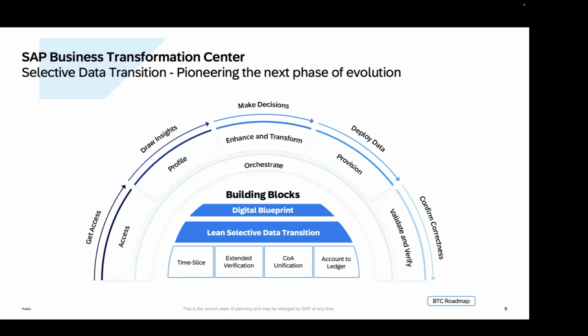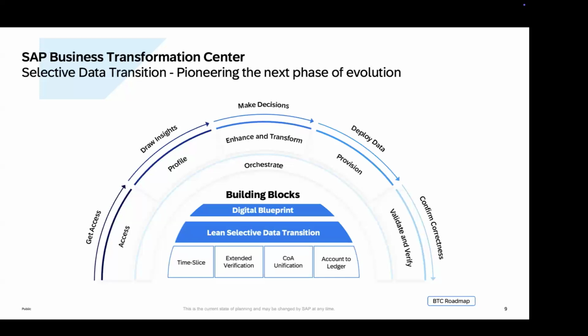Then this year we released the lean selective data transition scenario, allowing our customers and partners to use Business Transformation Center to scope along company codes, to scope along time slice objects going forward.